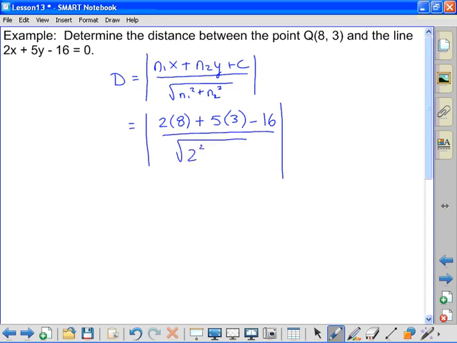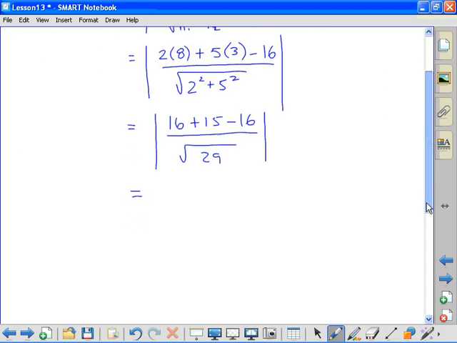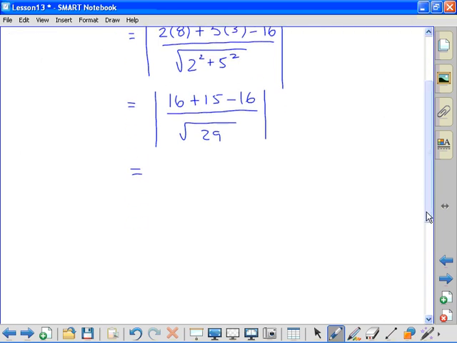And then it would be 2 squared plus 5 squared, square rooted in the denominator. So we're looking at 16 plus 15 minus 16. And I do like when it works like that. And 25 and 4 is 29. Remember, those signs are absolute value symbols, so we're looking for the absolute value here. The 16s cancel out. So the answer would be 15 over root 29 units.